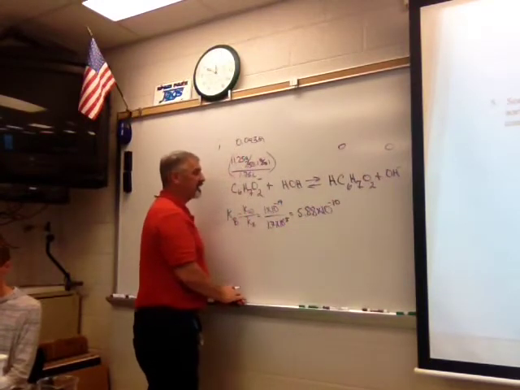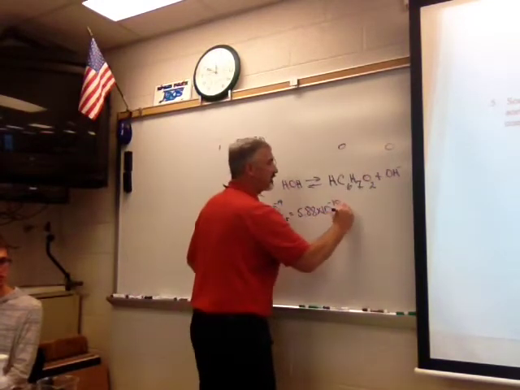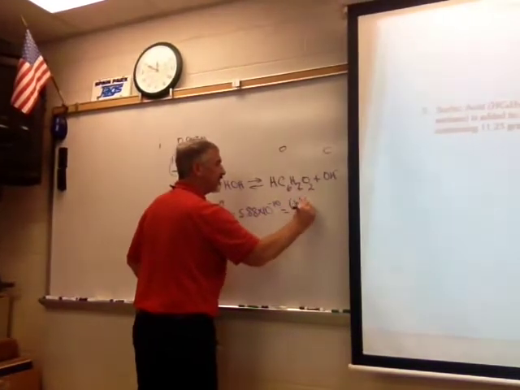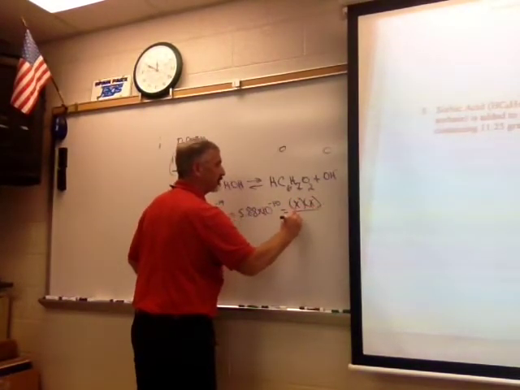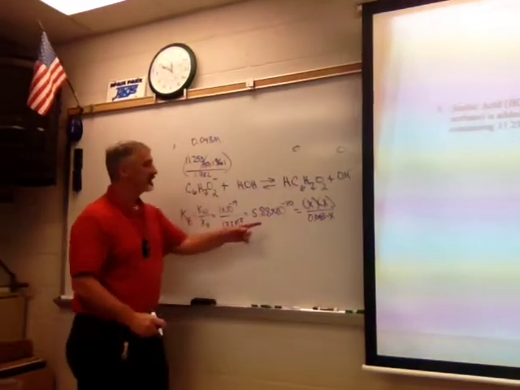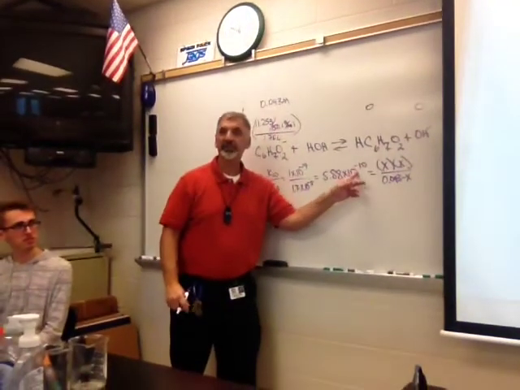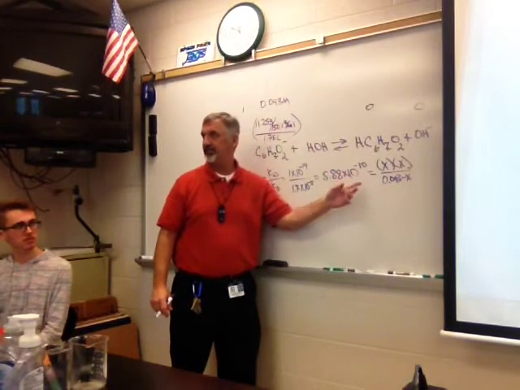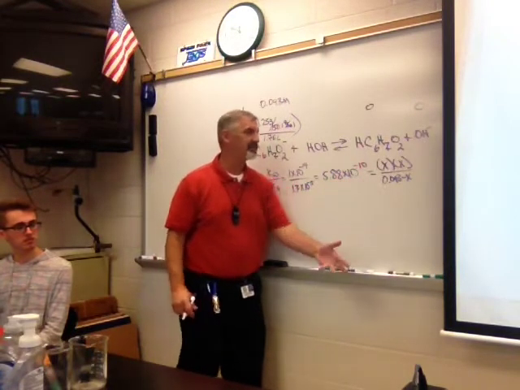So that's equal to my Kb, which is going to equal x times x over 0.043 minus x. But again, this is 10 to the minus 2, 10 to the minus 10, so what can we assume about x? Negligible, so you write that out to the side.